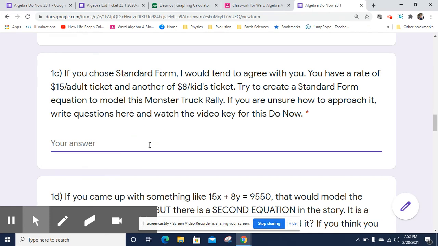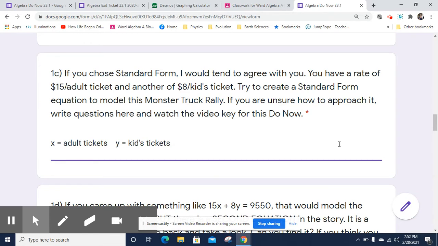So let's start off by saying X equals adult tickets and Y equals kids tickets, the number of kids tickets. It's useful to remind yourself what these variables are. Now let's look at the information we have.